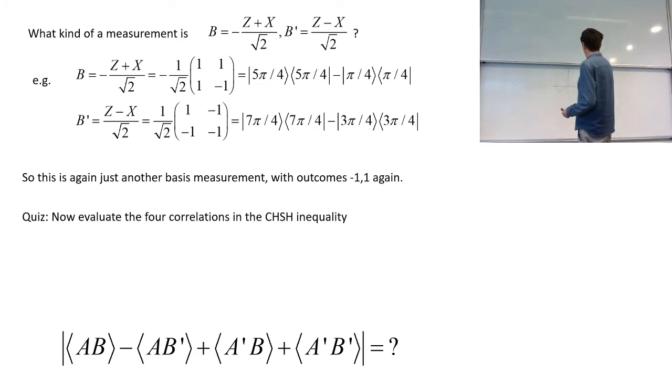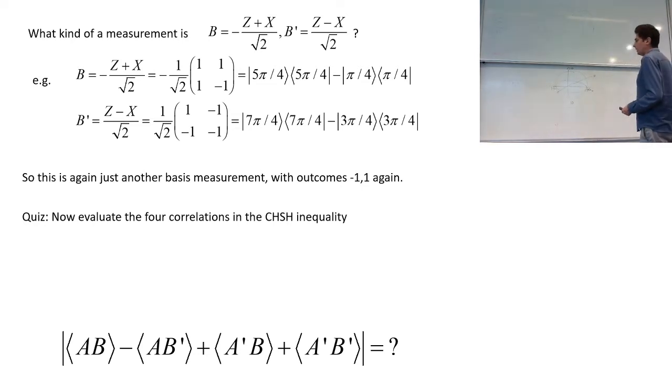It's a bit wonky today, but here is X, Y, Z, and here's the state plus, here's the state 0, down here is minus, and over here is state 1.